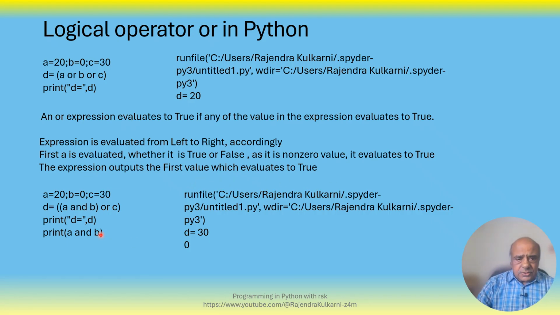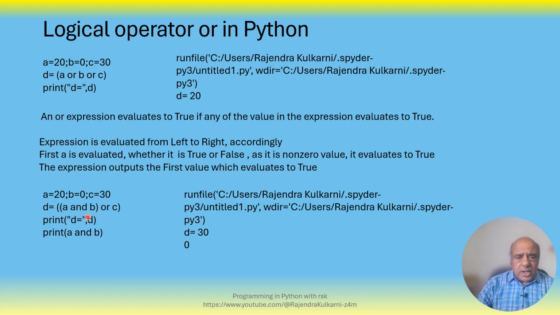Now in this case, another example for OR, A, B, C are assigned values 20, 0 and 30. Now what we are doing here, we are combining AND and OR together. So D is equal to A and B or C. A and B will be false because B is 0.